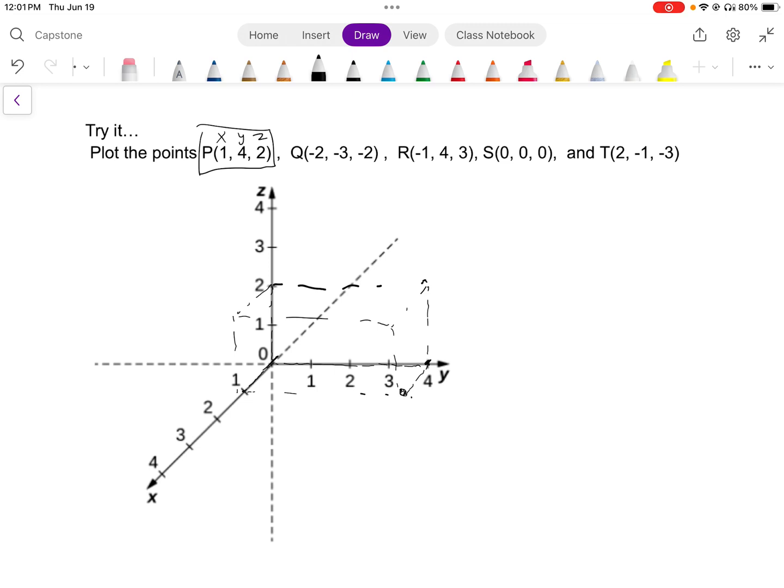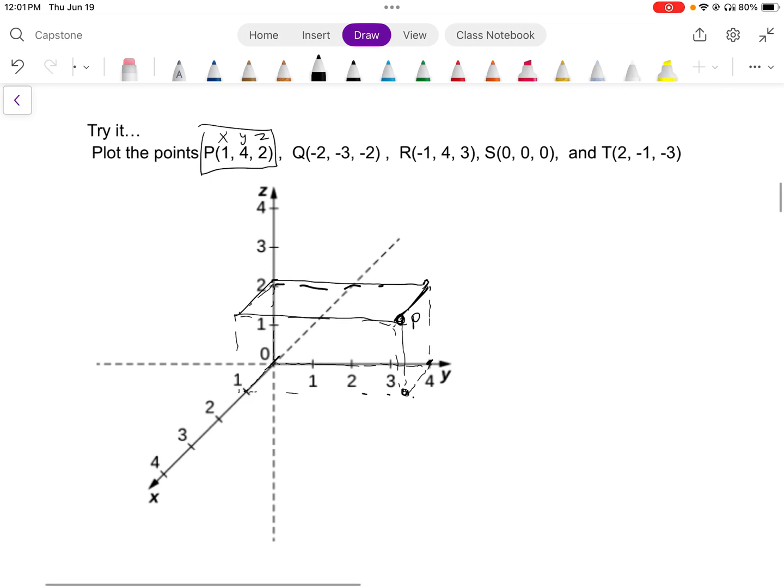If we go up from this point 2 values, we hit point P, which is (1, 4, 2). So you can see here that I've drawn a three-dimensional box. This shows you where we are within three-dimensional graphing, and how it is in fact going in all three dimensions with the x, y, and z.